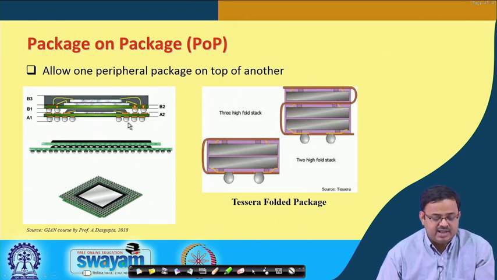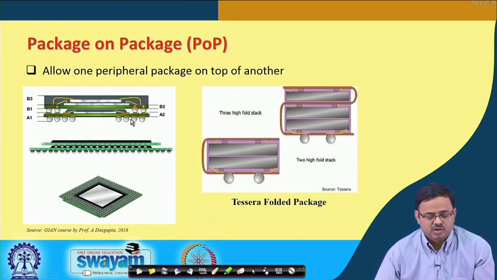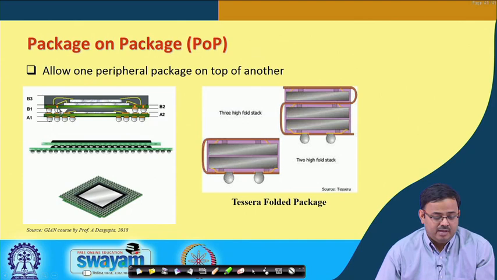and that substrate has its own solder balls or solder bumps at the bottom, which is going to get connected on the motherboard. The one at the top, you can see that package and substrate also has its solder balls, but those are actually connected on solder bumps, okay, on the periphery of the first package. All right.